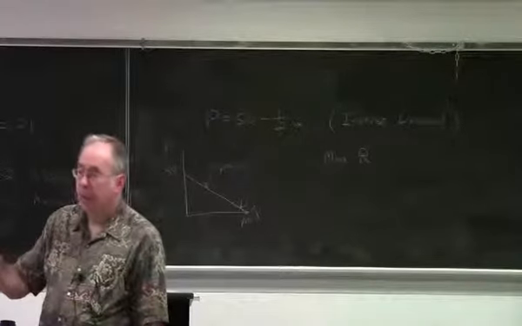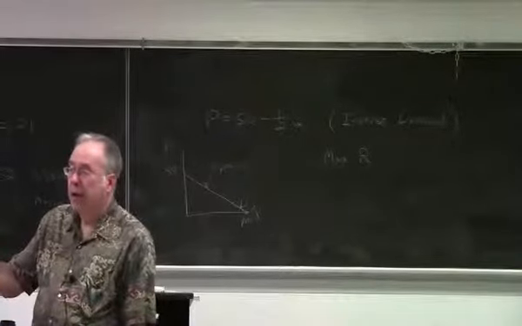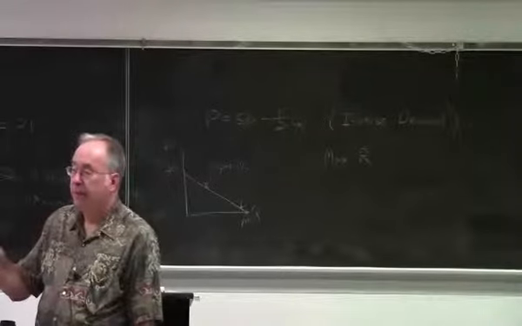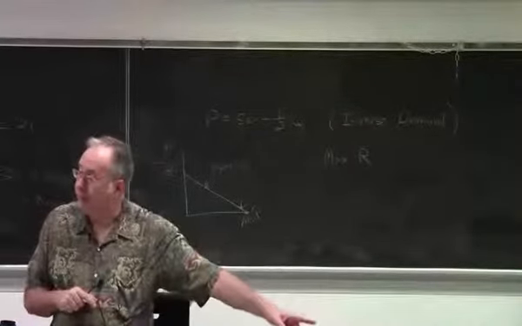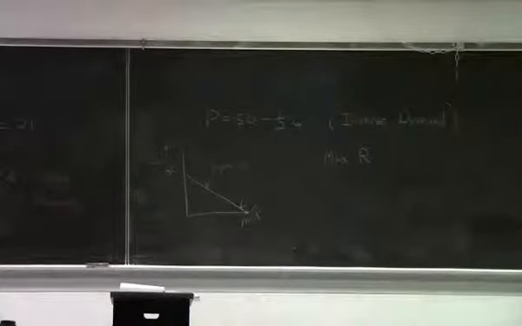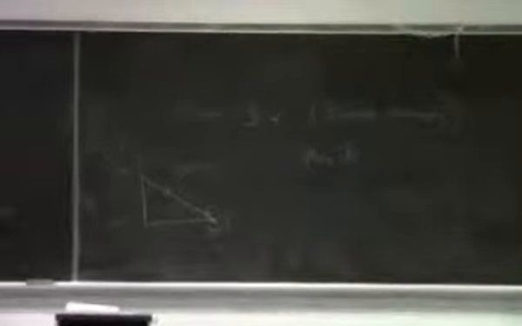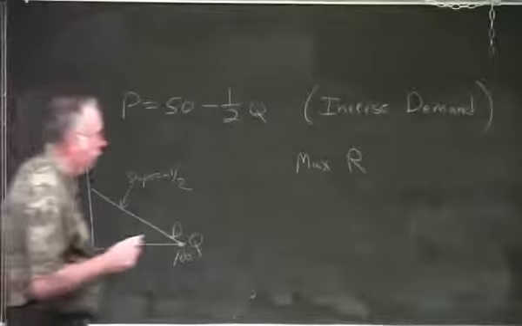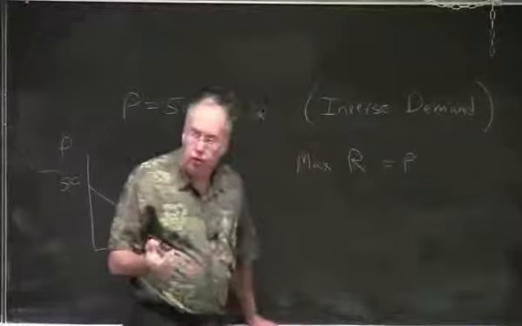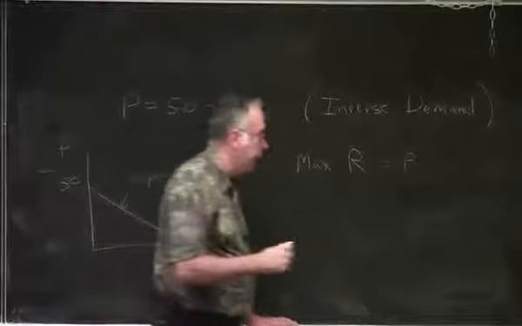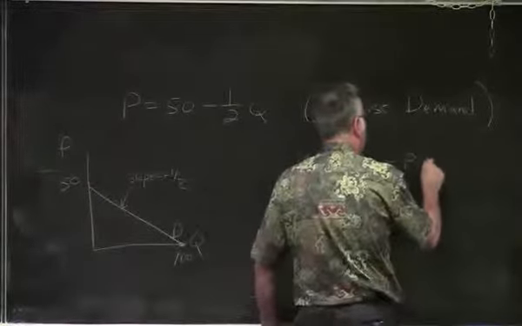R equals price times quantity, P times Q. Okay. See, that'll help us. If we just leave it at R, that's not going to help us. But by definition, revenue of a firm is the price per unit you charge for your product times the number of units sold, P times Q.